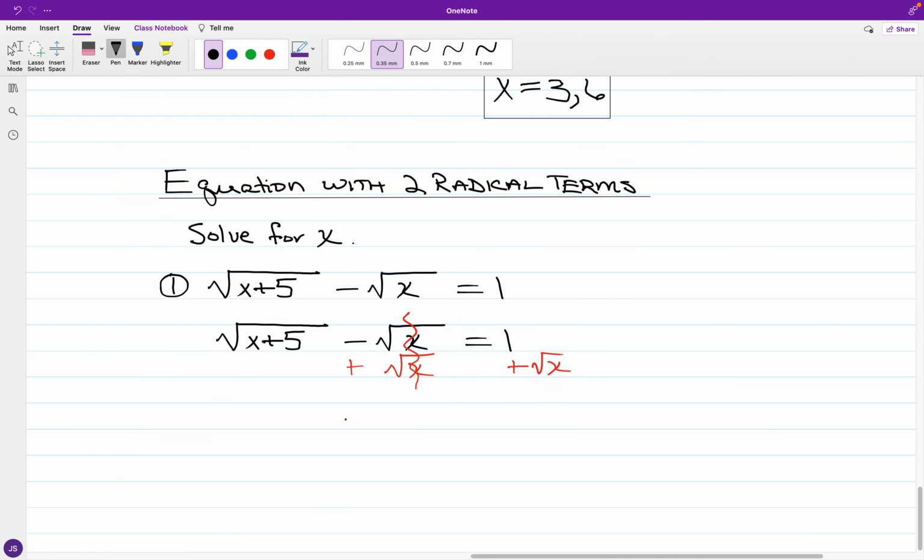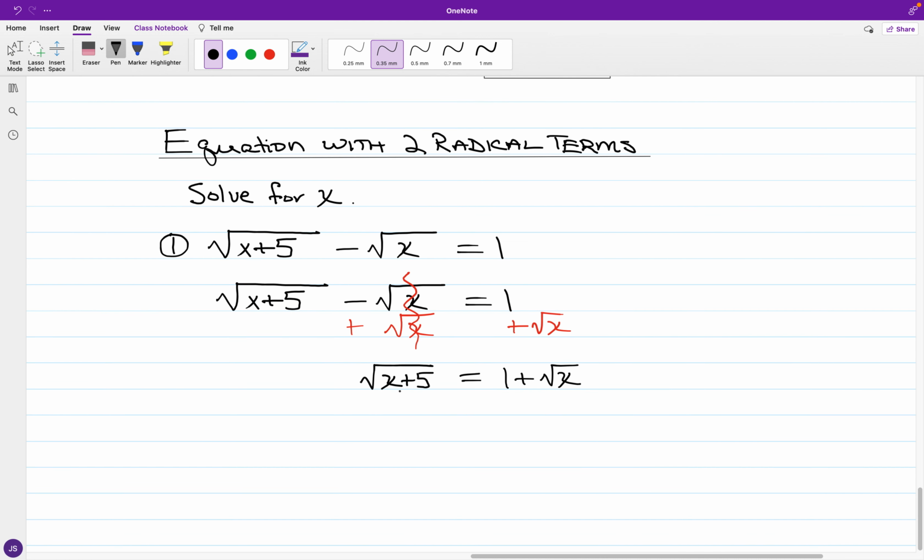And with this approach, I'm going to have the square root of x plus 5 by itself, and it is equal to 1 plus the square root of x. Okay. And for any radical that is isolated, I can at least free up the inside expression once again by squaring both sides.